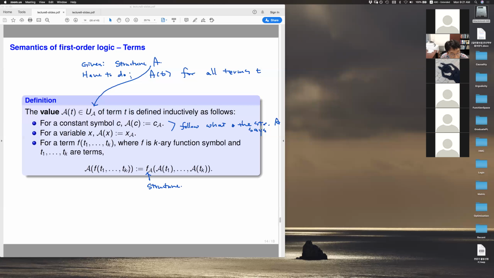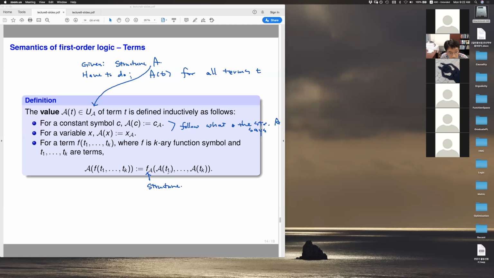But t1 up to tk may be neither a constant nor a variable. So then that structure doesn't tell us what to do directly. In that case, we make a recursive call and say we inductively or recursively interpret the arguments by using this interpretation.